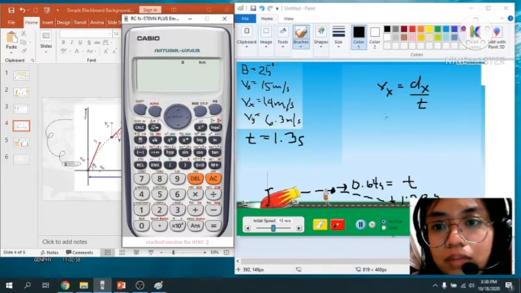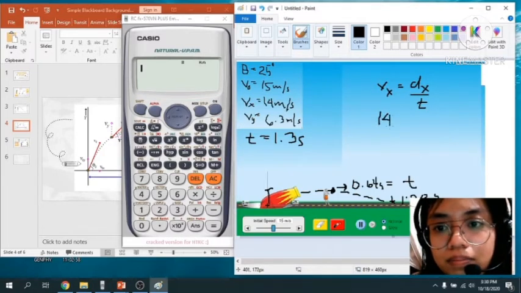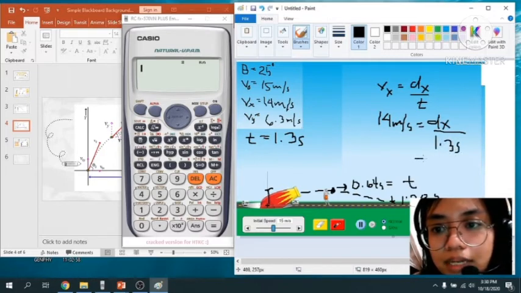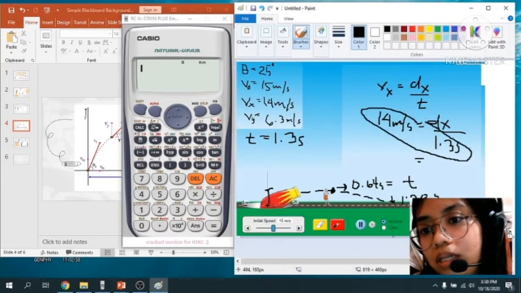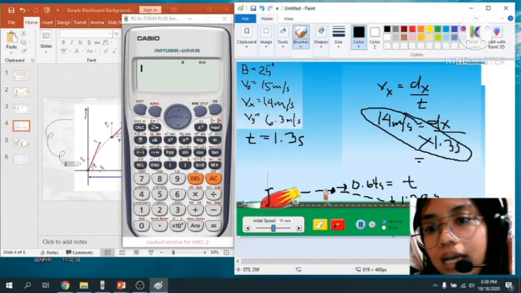So we have 14 meters per second equivalent to dx over the time, which is 1.3 seconds. Now you just multiply the numerator and denominator.